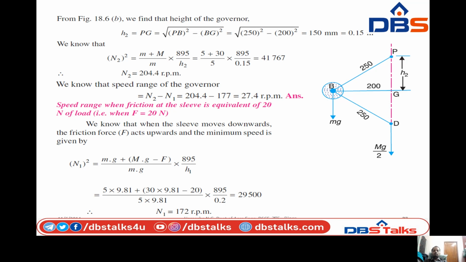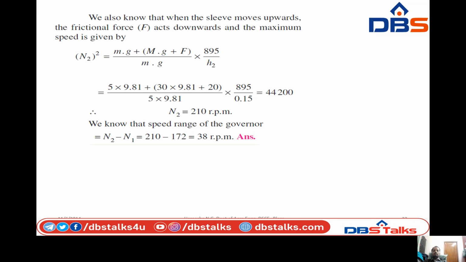So approximately 27 and 38, that is approximately 10 rpm of difference between applying friction and neglecting the friction, in the speed range.